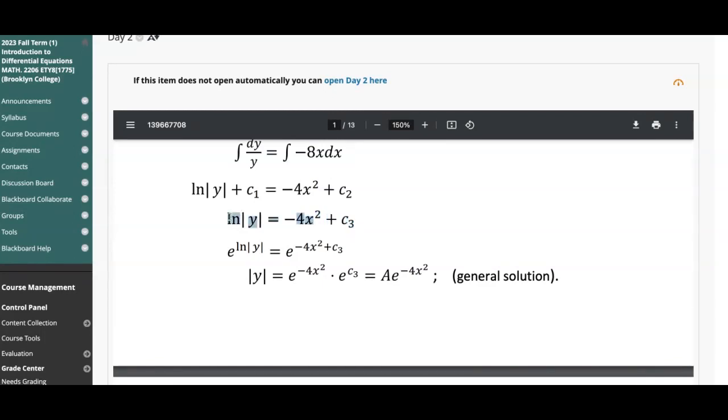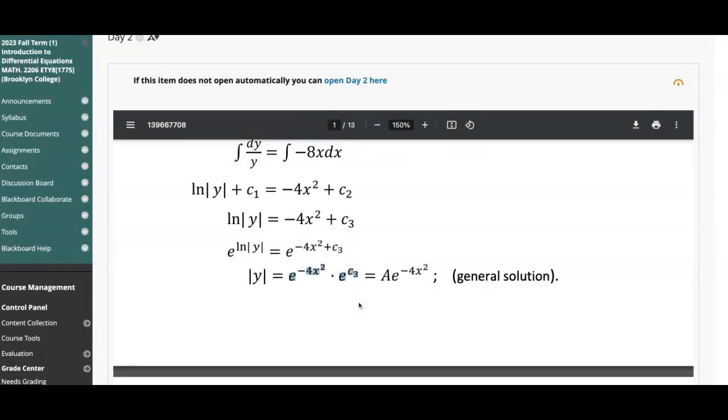Well, then we rewrite, because we want to solve for y. We just rewrite the equation as e to this power. That's the absolute value of y. So absolute value of y equals e to this power.